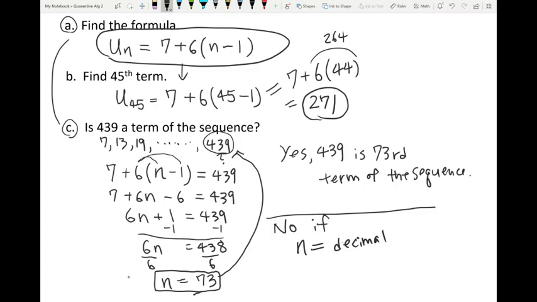For example, if we get n equals, let's say, 20.5, then we have to say no because there is no decimal term. The term is always a whole positive number. First term, second term, third term. There is no 20-point fifth term of a sequence. So if you get n equals a decimal number, you have to say no to this question.